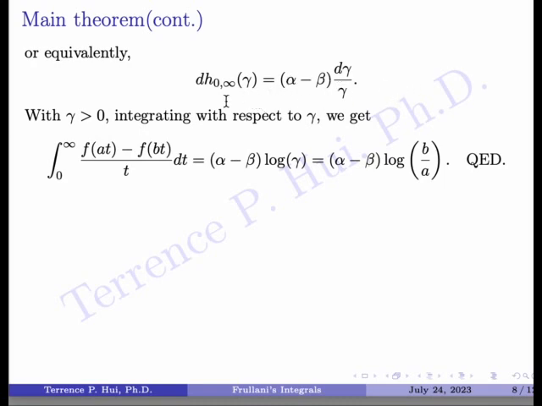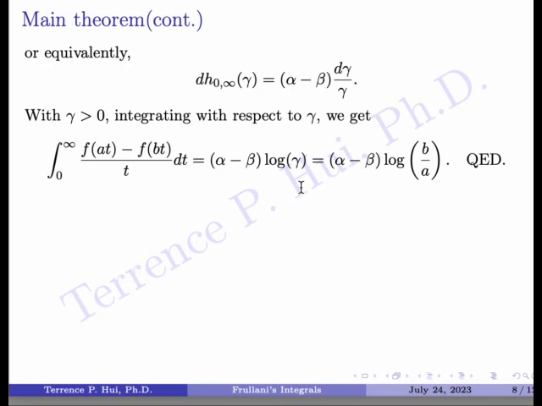Now, this is the derivative on the left and a function on the right, so I can integrate both sides. Remember, gamma is positive. I can integrate both sides from 0 to infinity. This integral now becomes 0 to infinity, so this is my original Frullani integral. That turns out to be just the integral of this with respect to gamma. You remember, d gamma over gamma when you integrate is log gamma. Log is natural log. Some people use ln.